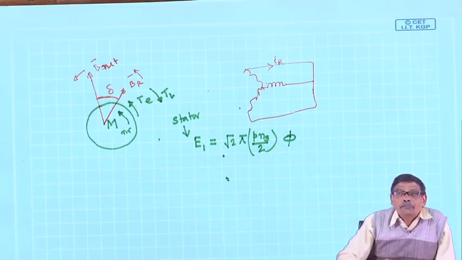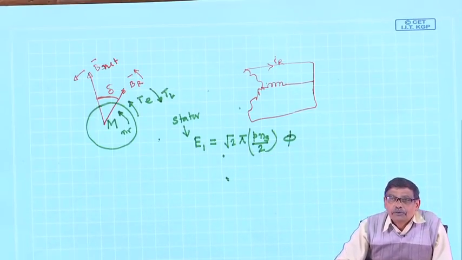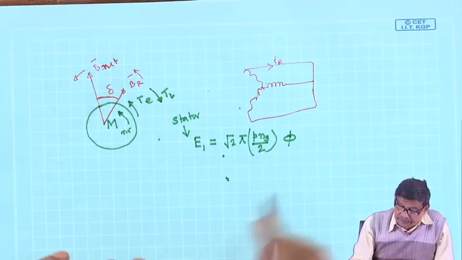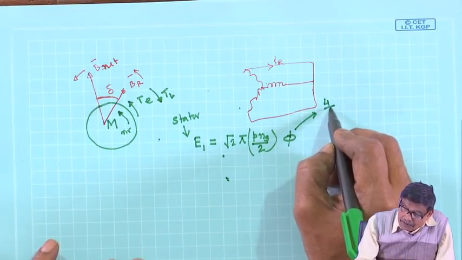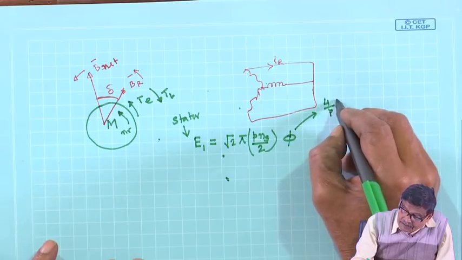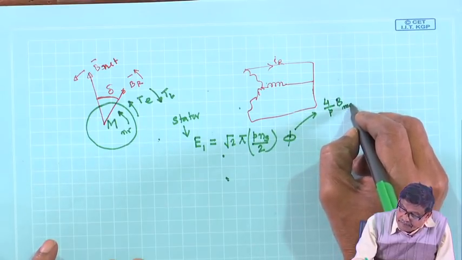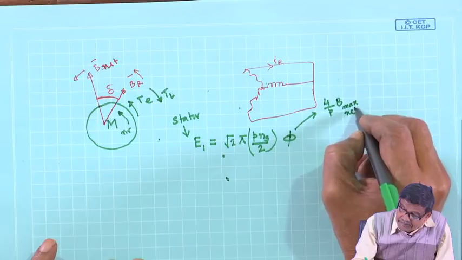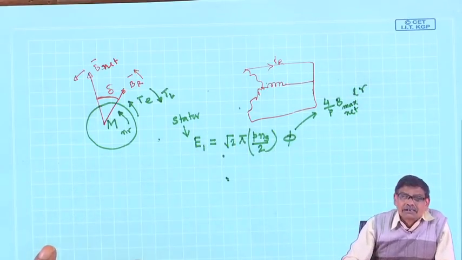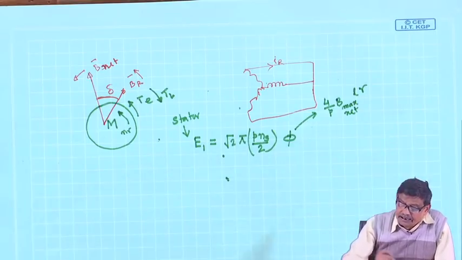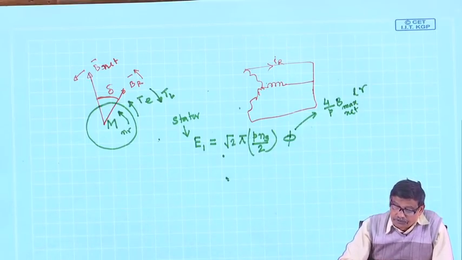With respect to whom should I calculate? With respect to B net. That is, this flux per pole should be 4 by P B max net L r, where r is the rotor radius, L is the length of the machine, P is the number of poles.